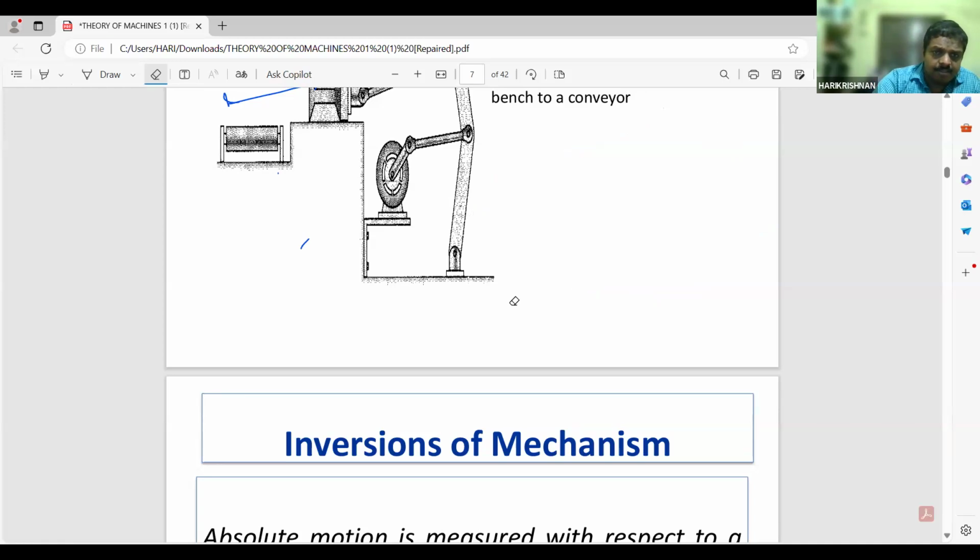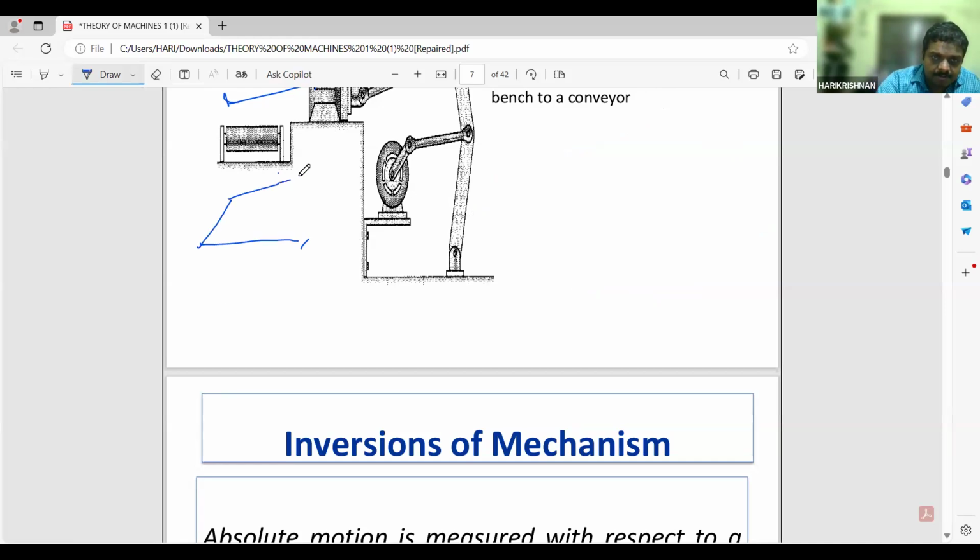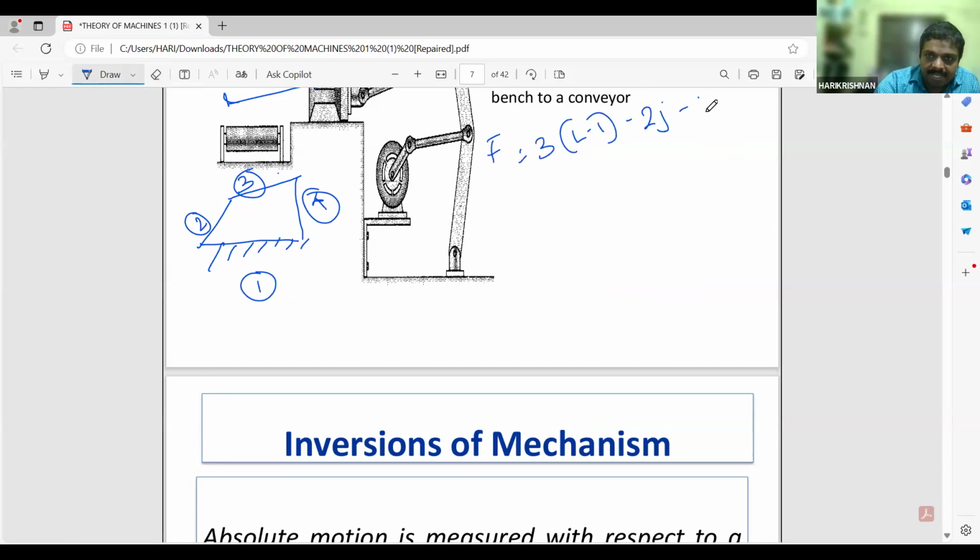Now, if it is a 4-bar mechanism, for example, 1, 2, 3, 4, this is a 4-bar mechanism. What is our equation? F = 3(L - 1) - 2J - H. If it is a 4-bar, how many links are there? 1, 2, 3, 4. How many joints? 1, 2, 3, 4.